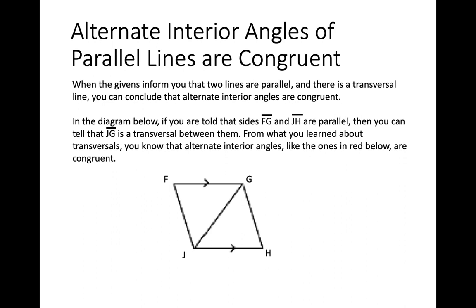From what you learned about transversals earlier in the course, you know that alternate interior angles, like the ones shown in red below, are congruent. So once again, if you know that 2 lines are parallel and there's a transversal, you can use that to conclude additional information about the triangles involved.